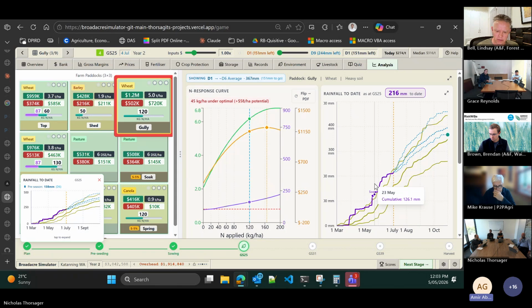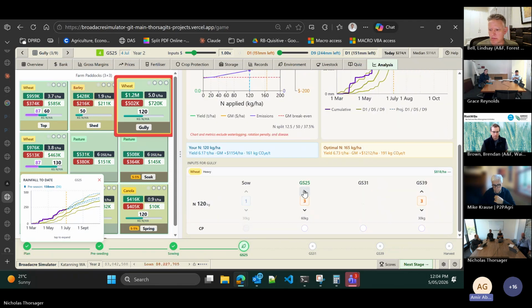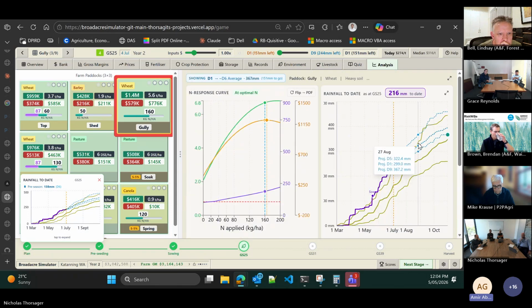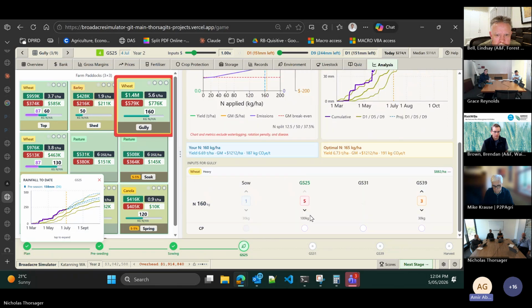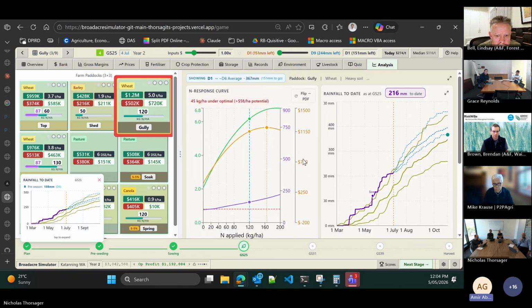So if you were expecting the year to progress well and you had risk appetite, you could on this paddock say, let's increase my units from 120 to about 160. So we can begin to say, now I'm going to put on 100 units in my next stage of decision. So we would have increased our gross margin here on the left. It's sitting at 776, whereas before it was sitting at 720.